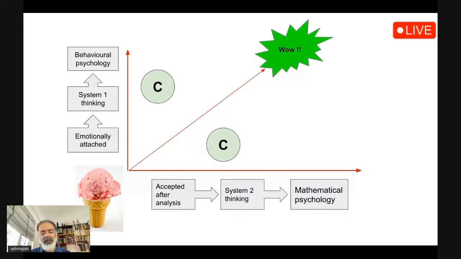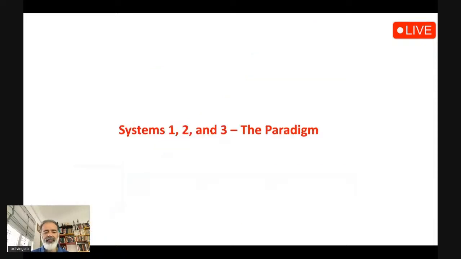So this is the context we are going to analyze: how consumers think in system 1 and system 2. And there is one more, system 3. So we are talking about the paradigm, the model of system 1, 2 and 3 thinking. Think about any product, maybe not only ice cream: banking, insurance, airlines, bikes.